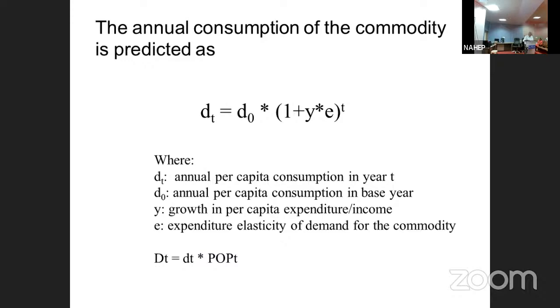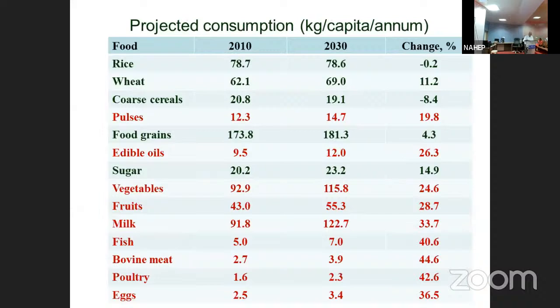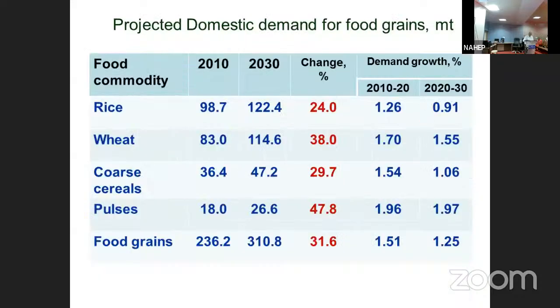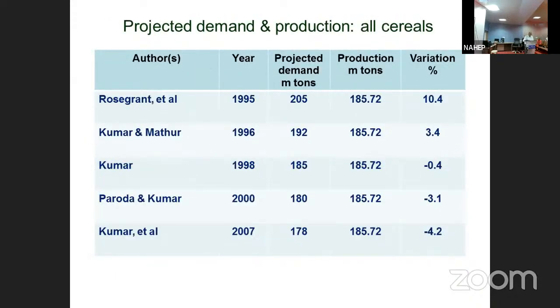I already covered how the consumption we take, we multiply with the population, and on this slide we already saw how the demand comes and changes. And this is important. This is the one which we showed: various researchers' error was around 10%. Our work error was 3%.